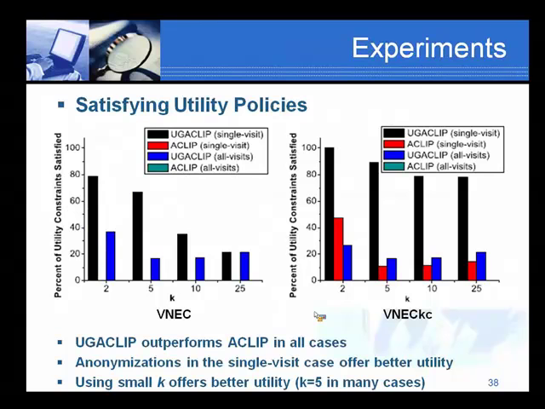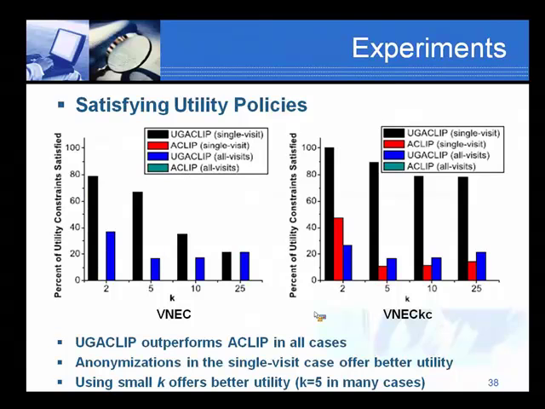One thing to note is that anonymizations in the single visit case offer better utility. This is because we assume less powerful attackers. Remember that in the single visit case, an attacker knew only the ICD codes that correspond to a single visit. Furthermore, when we use the small k value, we again achieve better utility.